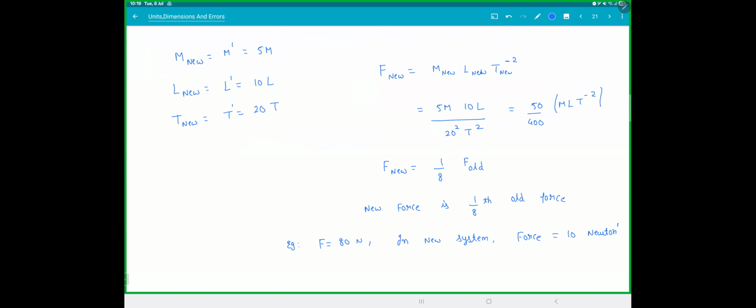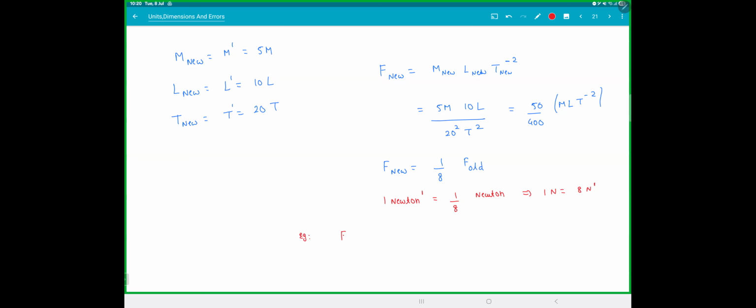Wait, I made a mistake in this example. Listen, we did a small mistake here. The meaning of this is that 1 Newton dash is 1/8 of the old Newton. That means 1 Newton is 8 times Newton dash.